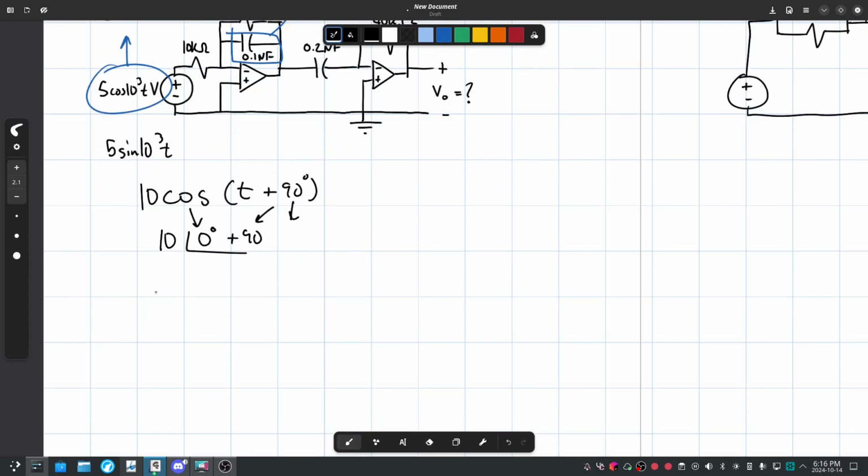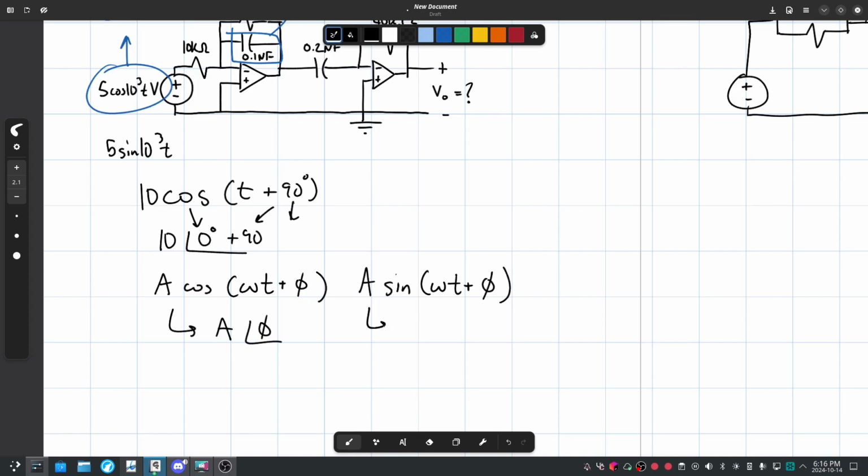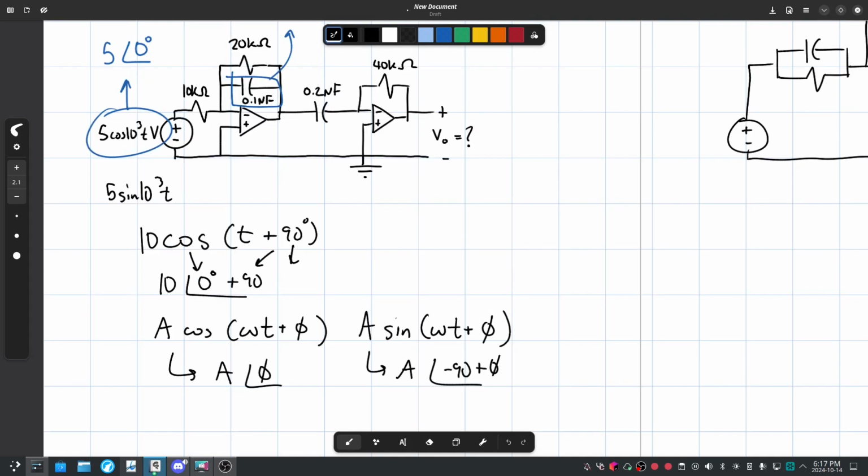So for anything that's amplitude cosine of some omega t plus phi, it converts into amplitude with a phasor of phi. If it's sine, it's going to convert into A with a phasor of negative 90 plus phi. You need to know that. Again, if you mess that up, your answer is going to be wrong.